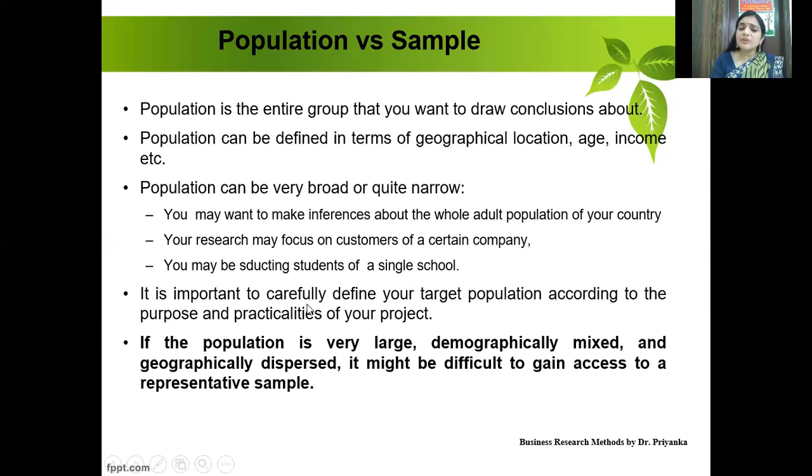It is important to carefully define your target population according to the purpose and practicalities of your project. Yes, it is really very important. For example, if you want to study a particular school, then that is your population, and accordingly you will be deciding the sample. That is why it is important to choose your target population accordingly.